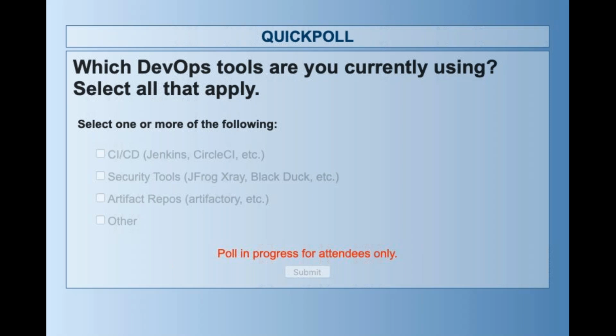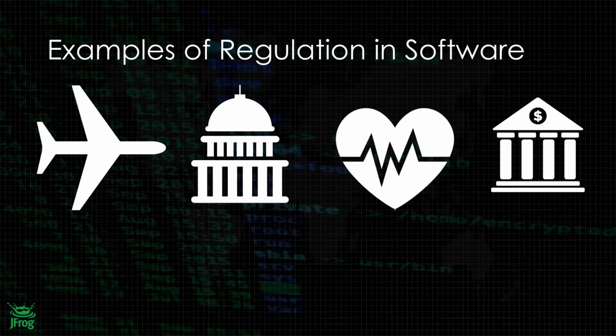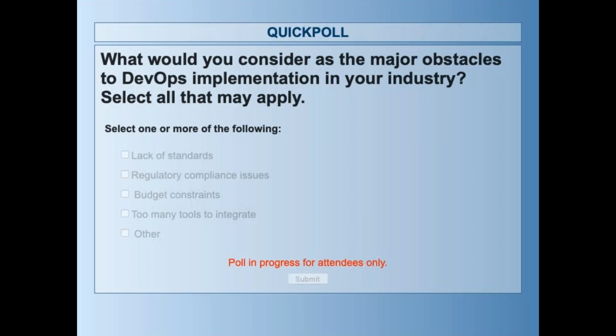Okay, I'm going to give you guys about 5 more seconds, and then we'll throw the last polling question up and let you guys answer that, and then let Bill get back to it. Okay, I'm going to close this one now. And here comes that final polling question. What would you consider as the major obstacles to DevOps implementation in your industry? And you can check all that apply.